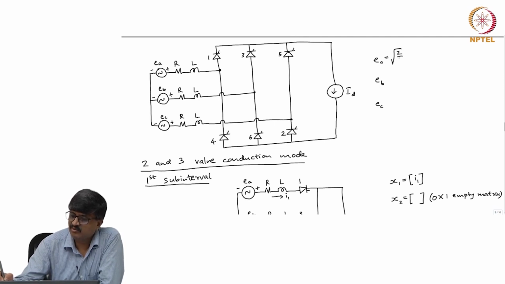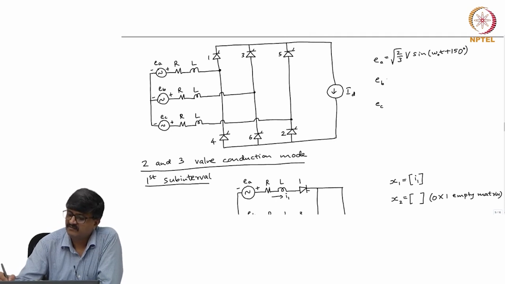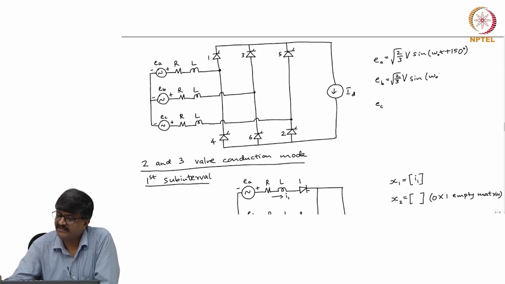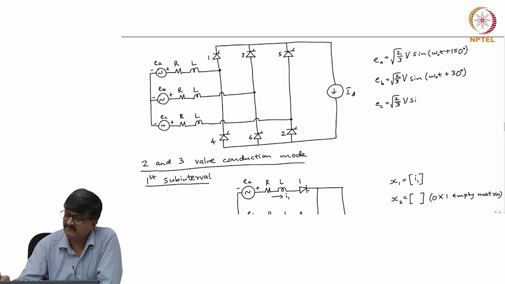They are still root 2 by 3 V sin(ωo t + 150 degrees), root 2 by 3 V sin(ωo t + 30 degrees), and root 2 by 3 V sin(ωo t minus 90 degrees).